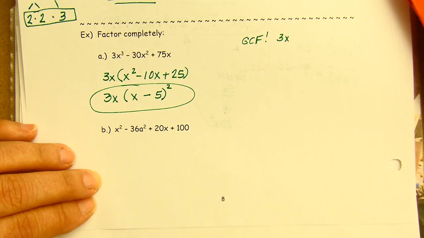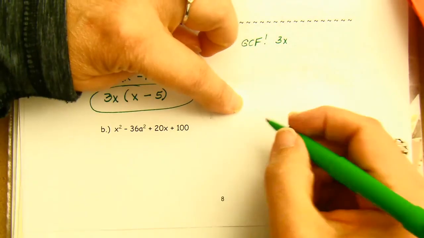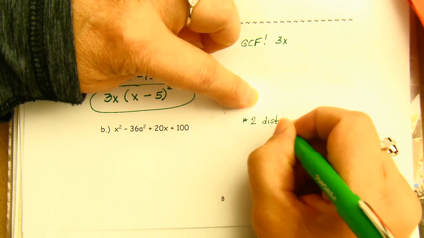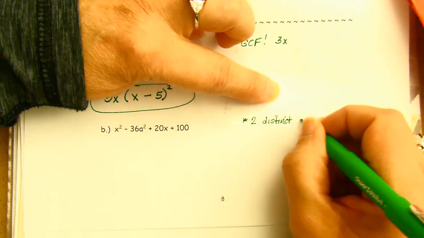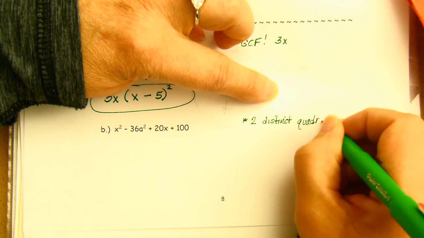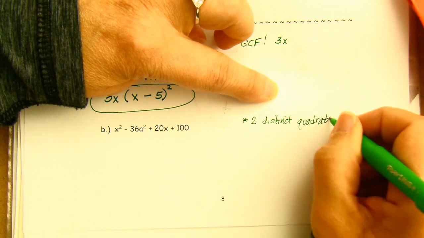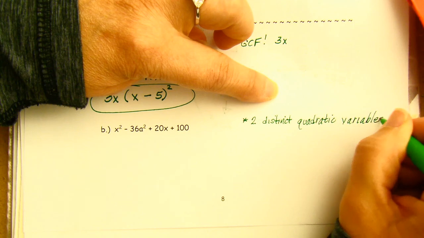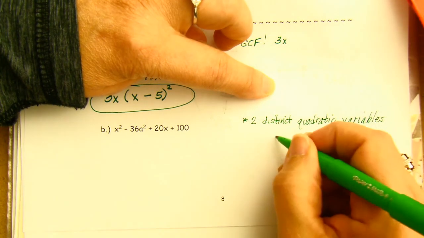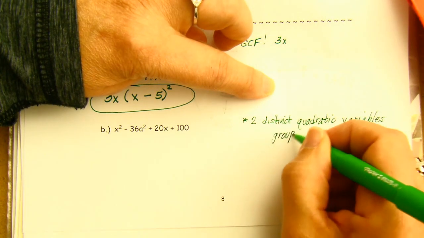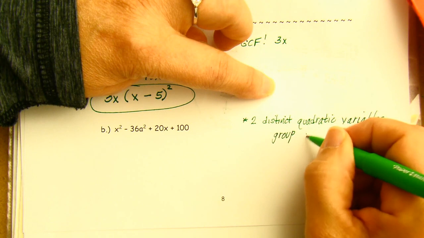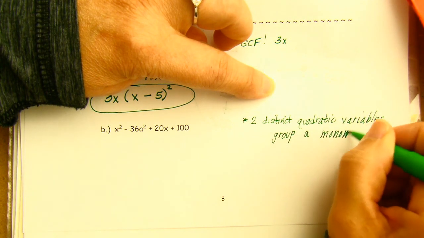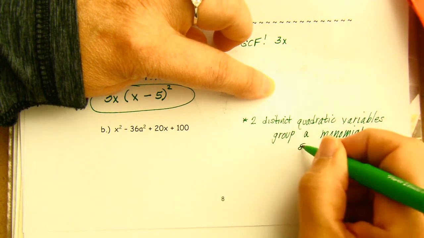When you have two distinct quadratic variables, this is an indication that you're going to group a monomial and a trinomial.